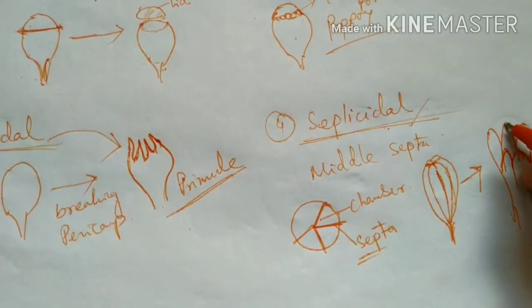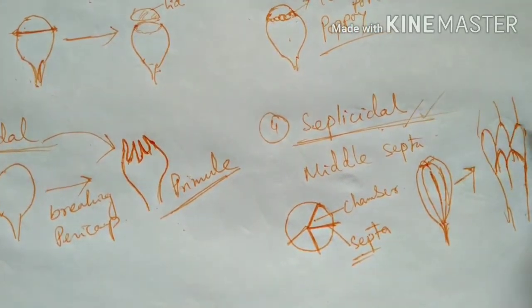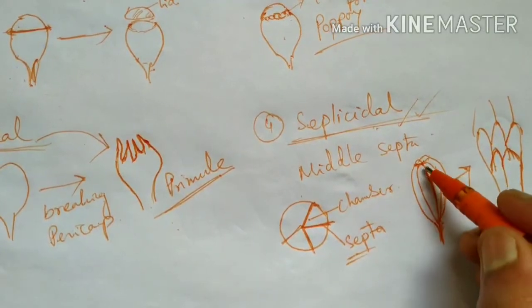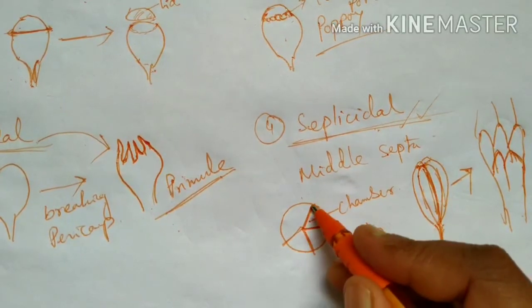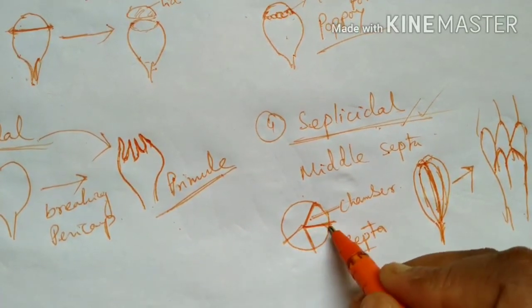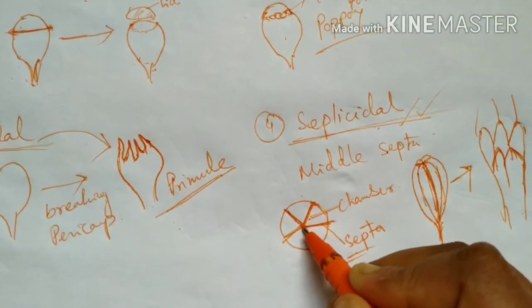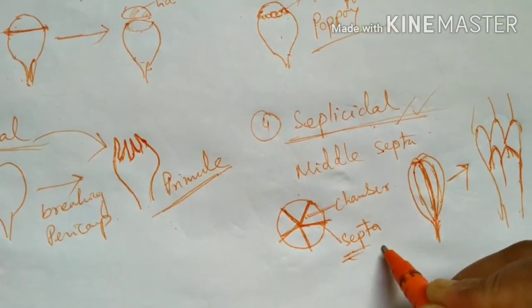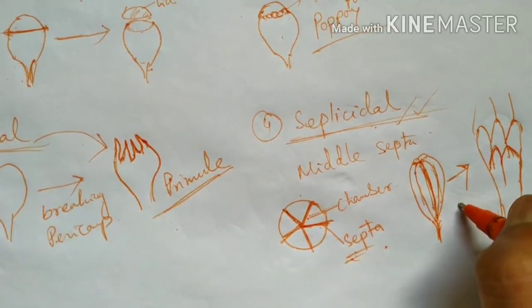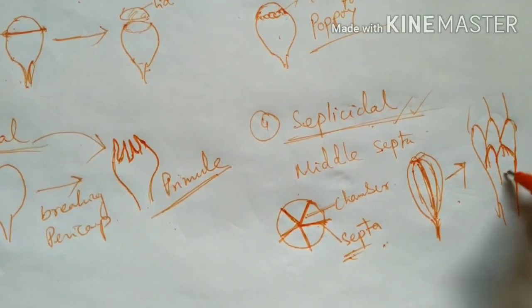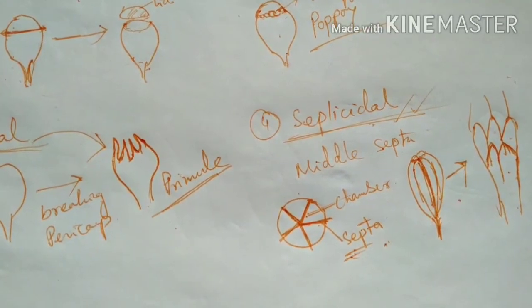So this type of fruit is known as septicidal, where the pericarp breaks through the middle septa. This is a chamber, and this chamber is produced from this partition, and this partition is known as septa. And this septa, after ripening of this fruit, breaks down and the fruit dehisces. So this is septicidal type fruit.